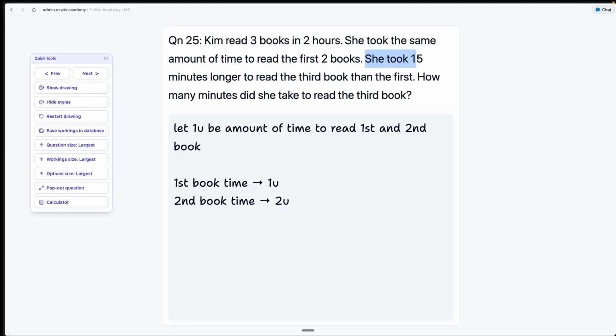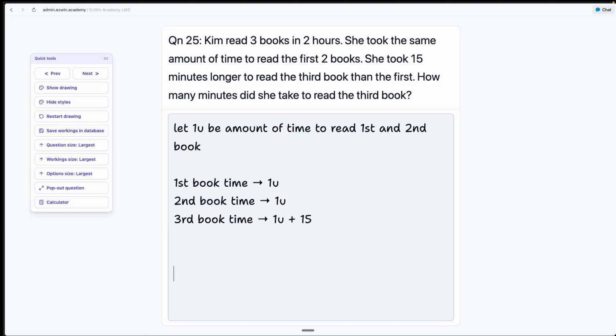So she says she took 15 minutes longer to read the third book. So in this case over here, not 2 units, 1 unit. So third book is then equal to first, which is 1 unit, plus 15, right? So now we know this. How many minutes did she take to read the third book?